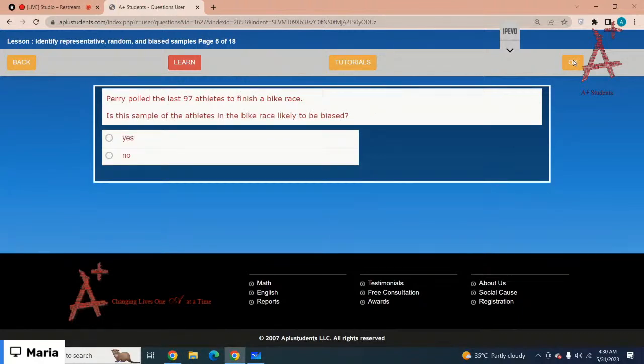Okay, Perry polled the last 97 athletes to finish a bike race. Is this sample of the athletes in the bike race likely to be biased? So, which is the correct option?